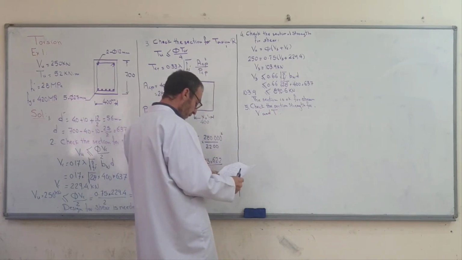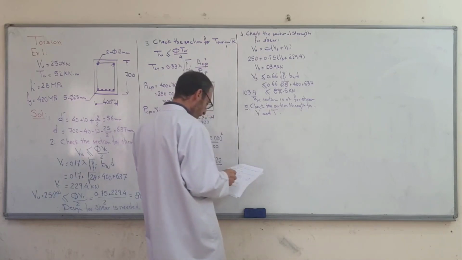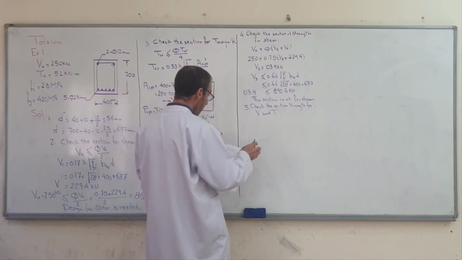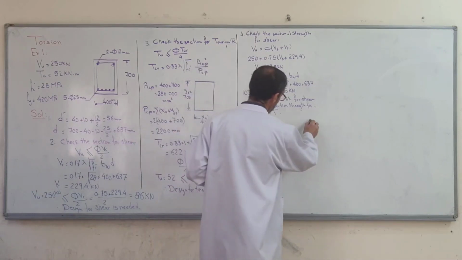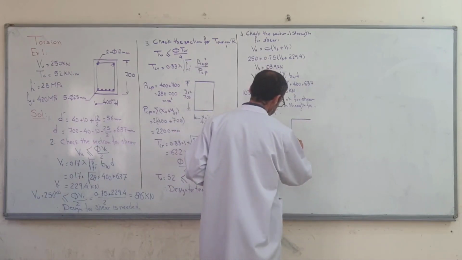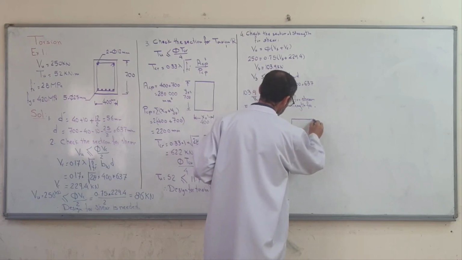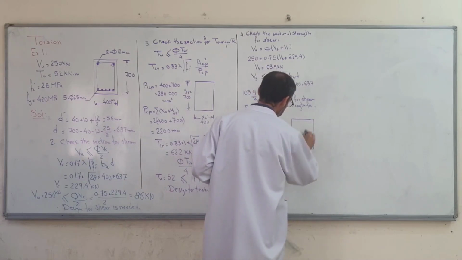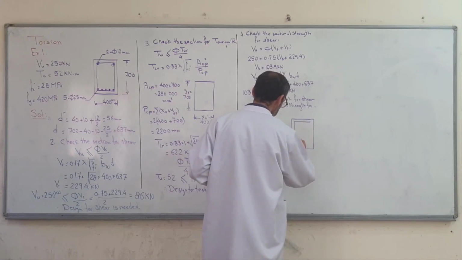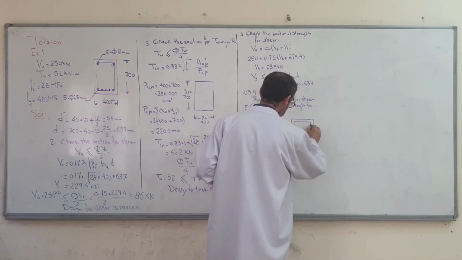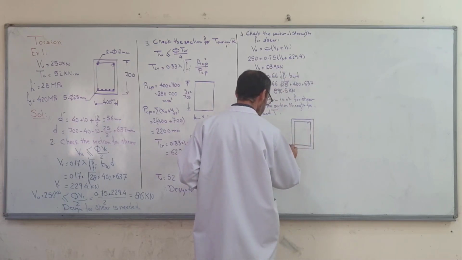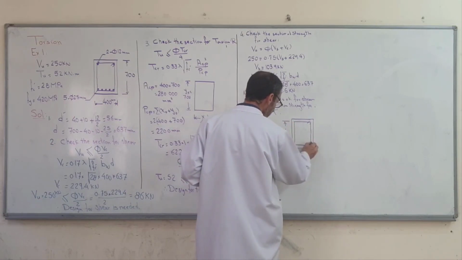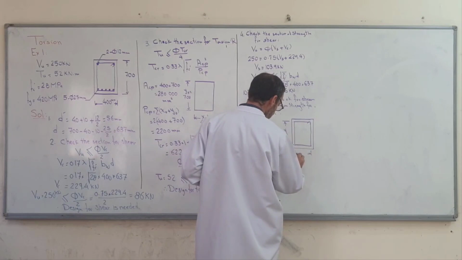In the equation, it is required to find x1. This distance we call y1. From center to center of the stirrup, this distance is equal to x1.